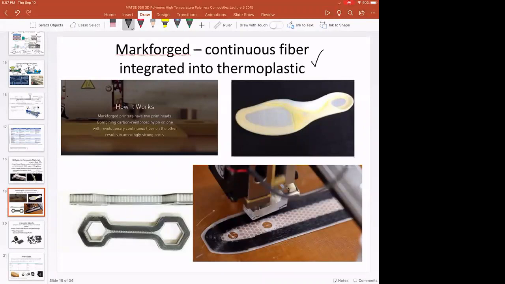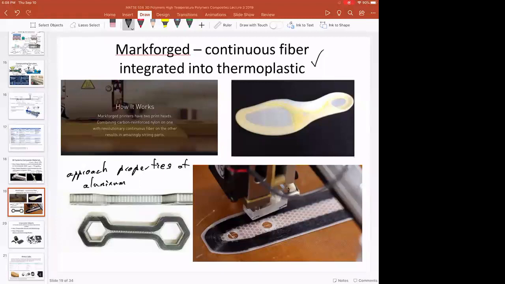And so these composites approach properties of aluminum, which is interesting because now you have light and strong materials that are even lighter and stronger than aluminum that you can 3D print.